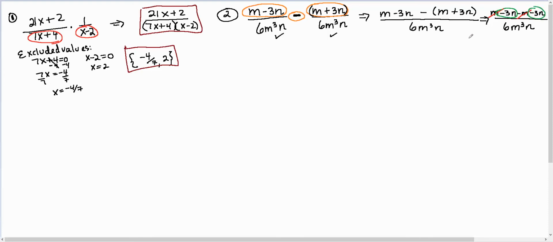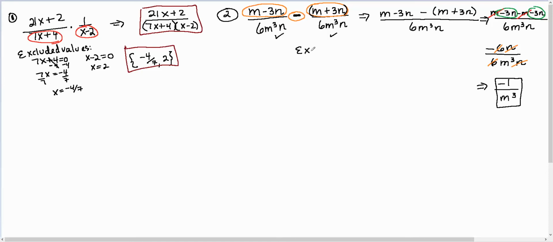Negative 3 and negative 3 is actually a negative 6n over 6m cubed n. And now we cancel. The 6's cancel and the n's cancel. So what's left in the numerator? The negative 1 and an m cubed. So that would be the answer.